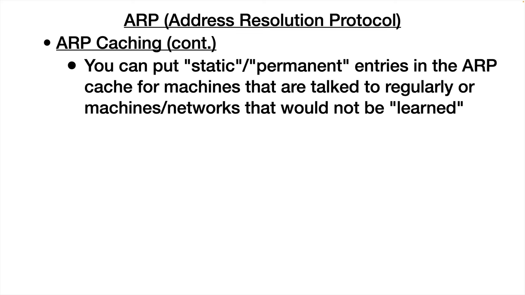Sometimes you put static or permanent entries in an ARP table. This is primarily to do with routing, where you have a machine or network that you want to communicate with that would not be learned. Where I used to use this was during the 80s when I would dial up and connect PPP from my NeXT machine at home to my NeXT machine in my office.